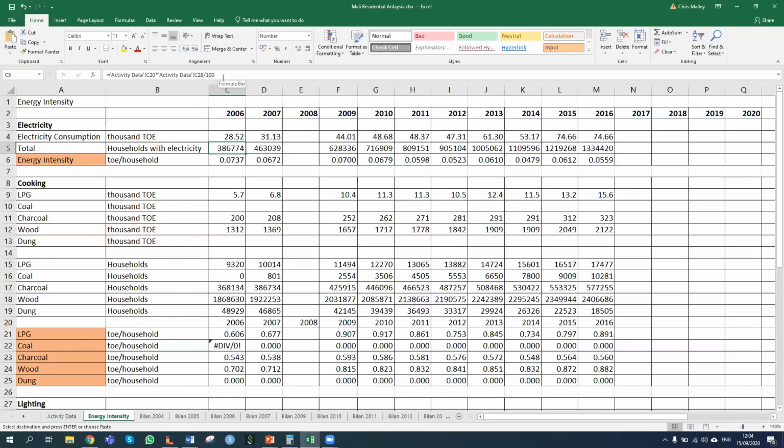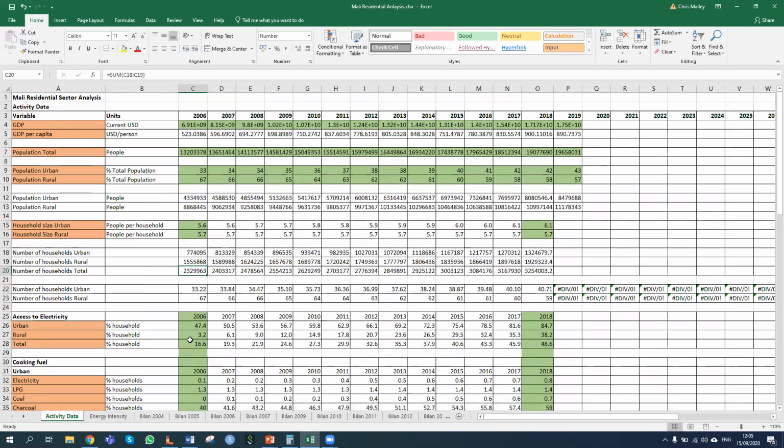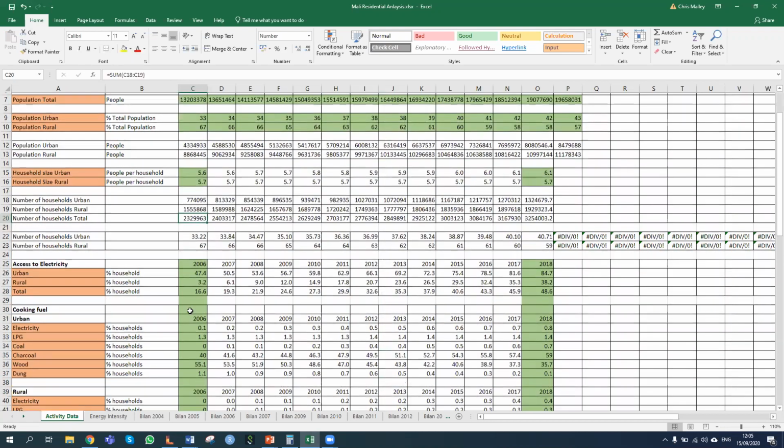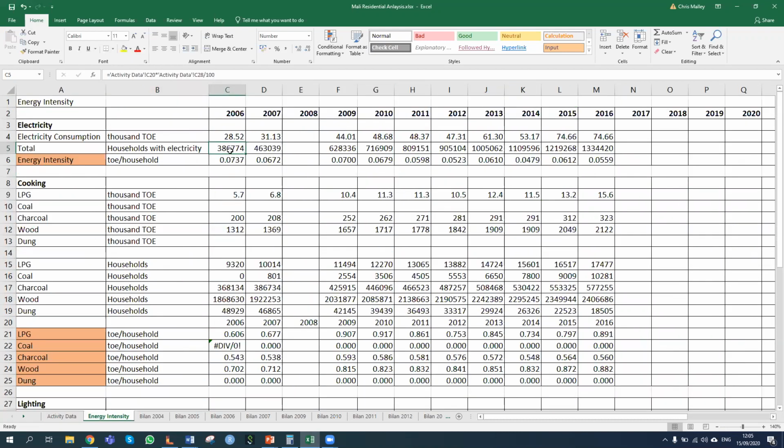We then have the total number of households consuming electricity, which is 386,000 households. That's calculated by taking the total number of households here and multiplying them by the total percentage of households with access to electricity.